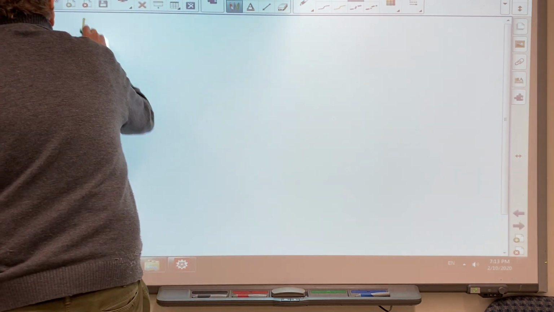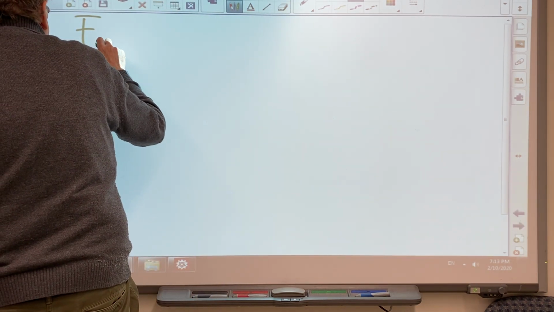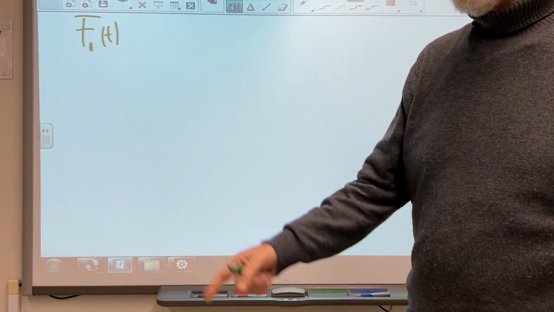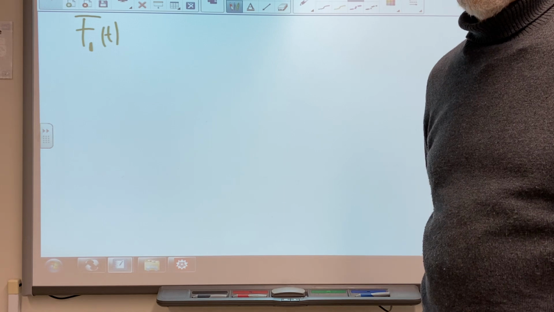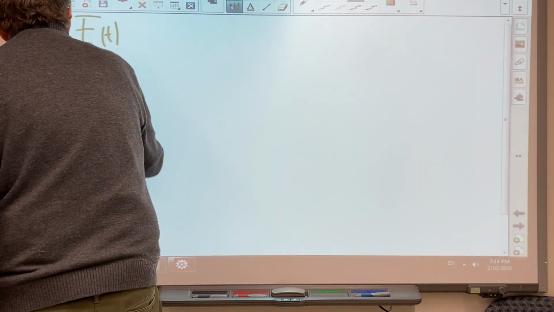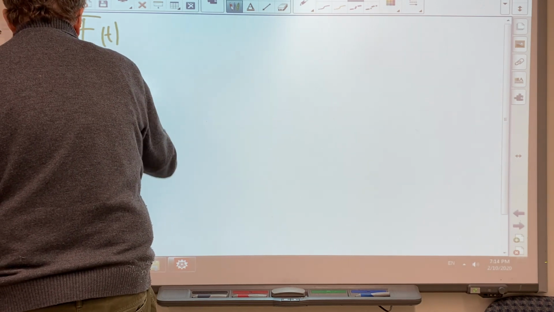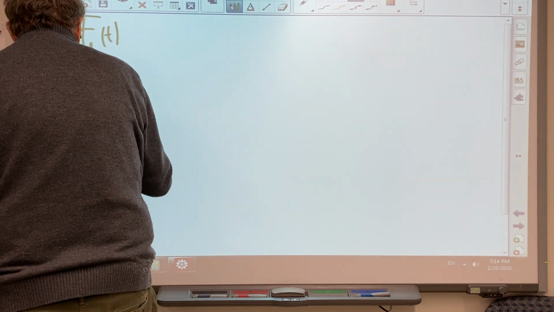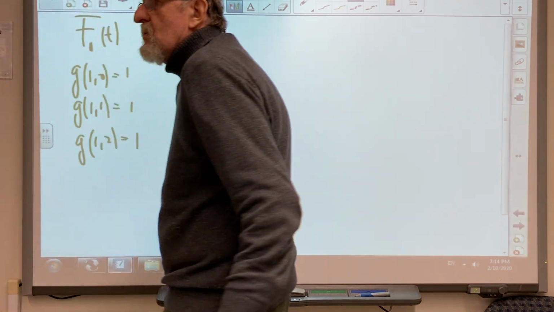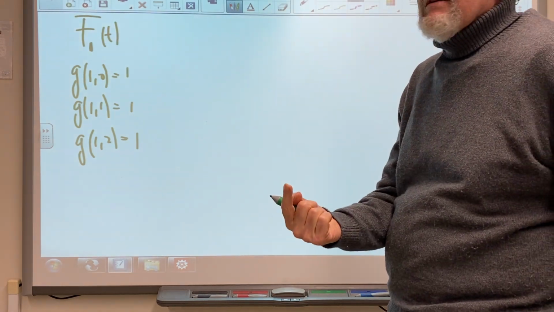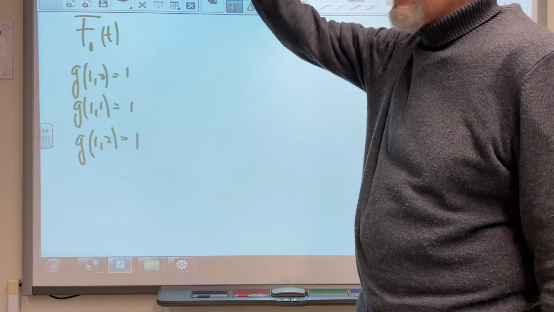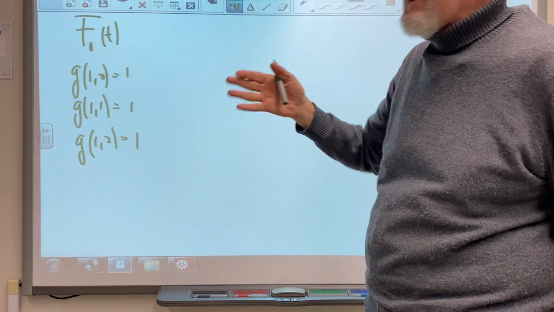So let me start easy. Instead of getting the function f sub n of t, let me get the function f sub 1 of t, assuming that I had only one particle. Then g of 1, 0 will be the number 1, but g of 1, 1 will also be 1, and g of 1, 2 will also be 1, because if I have only one particle, the only way of getting energy 2 is to put that particle in energy 2, and the only way of getting energy 3 is to put that particle at level 3, and so on.